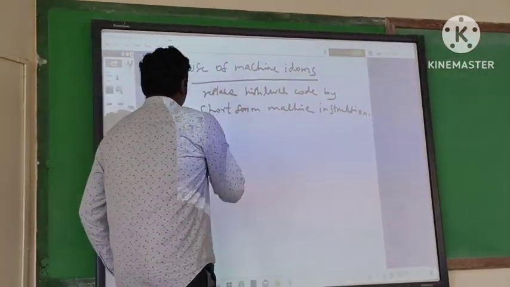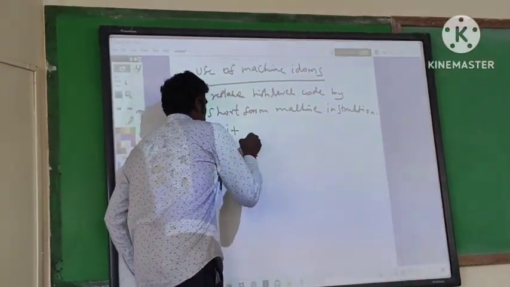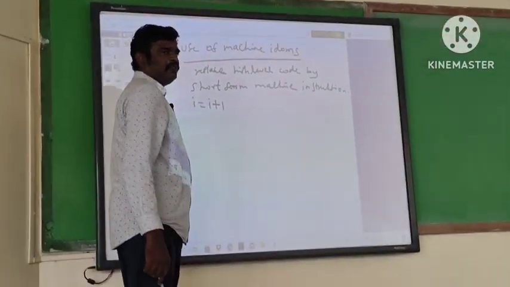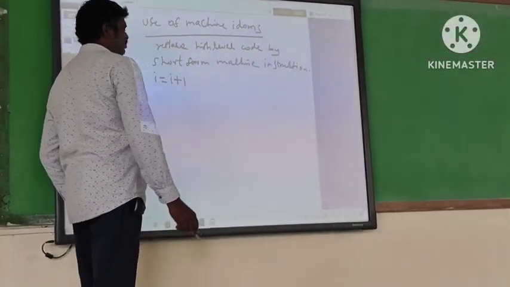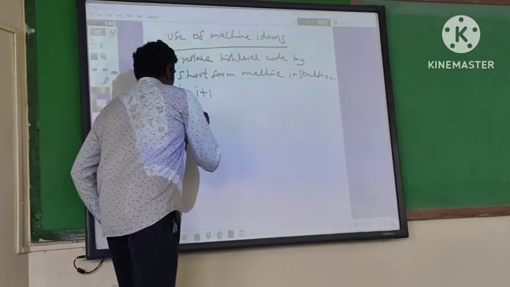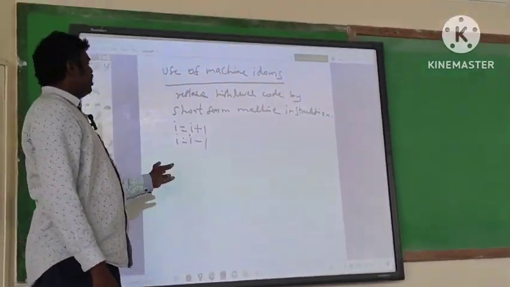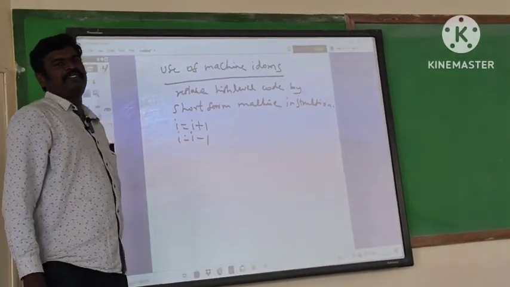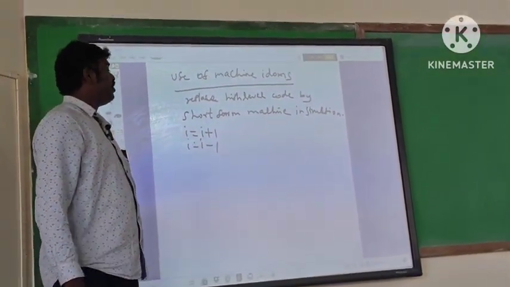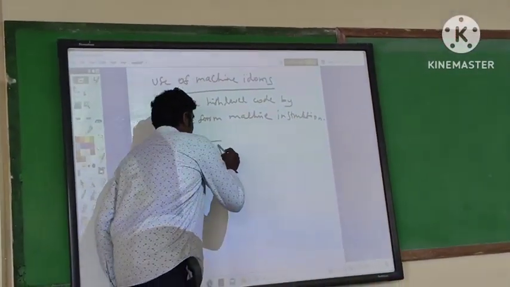Listen carefully. Now, i equal to i plus 1 is high level code. i equal to i minus 1 is high level code. Now, how will you replace that with a short form of it? See here, this can be transformed.